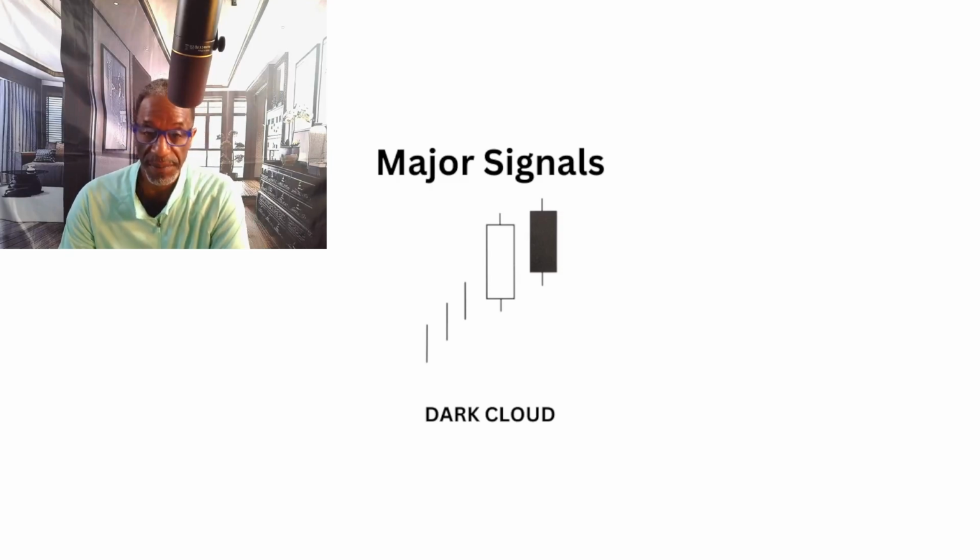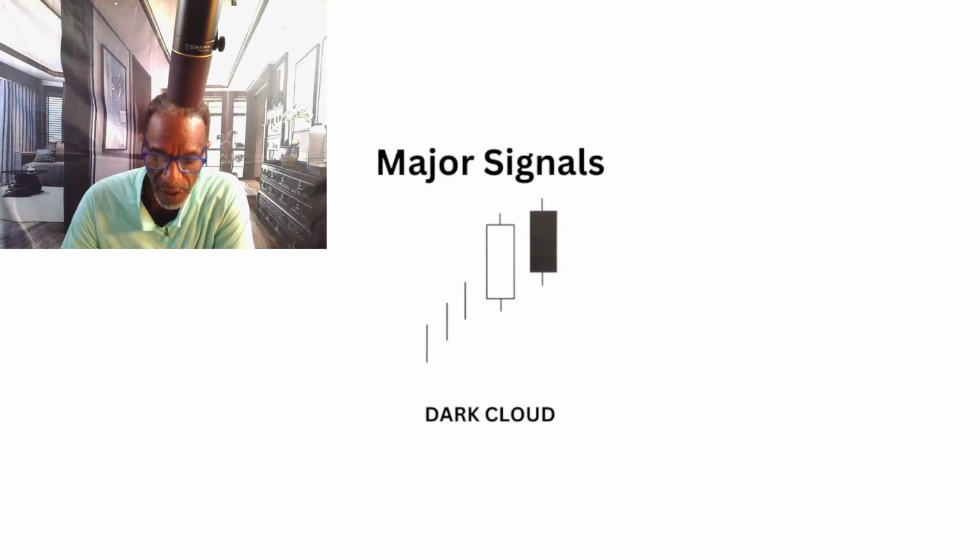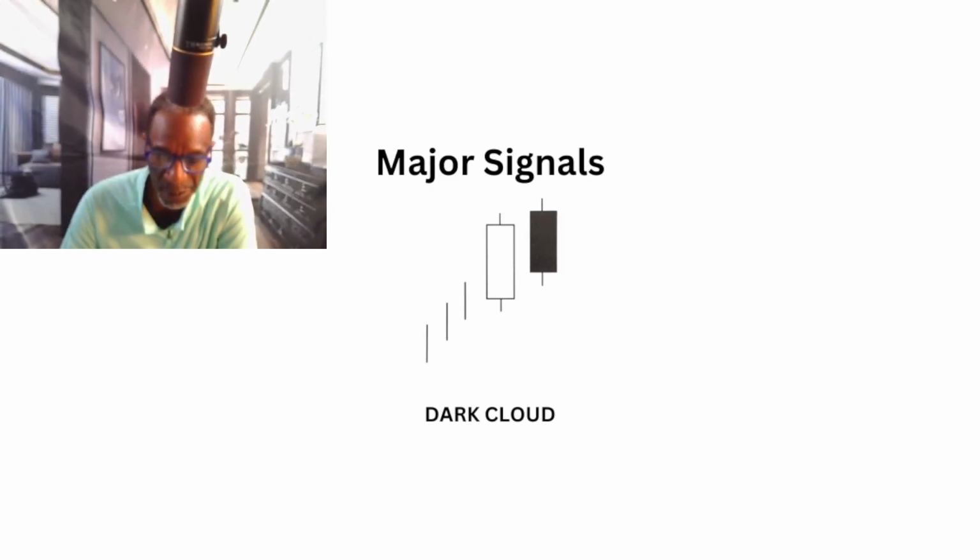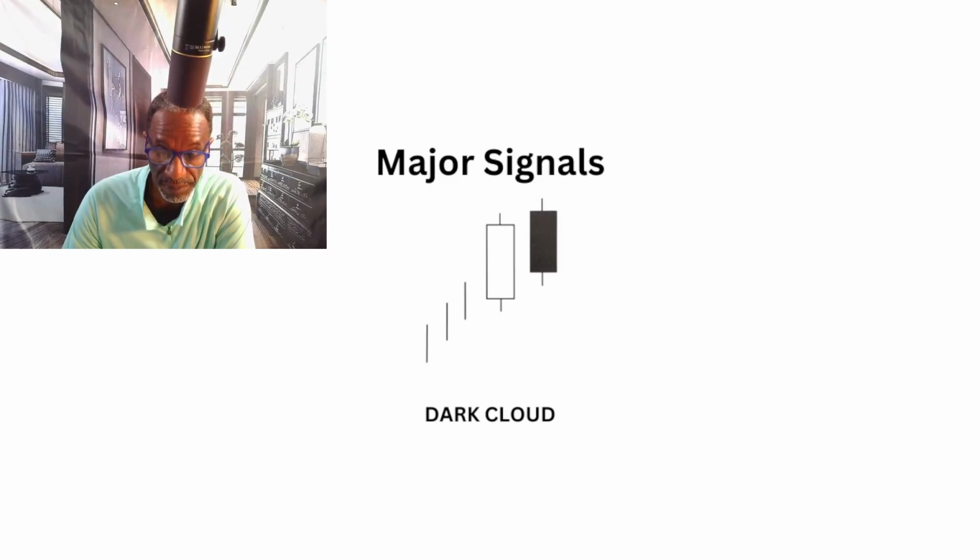Signal enhancements. The longer the white candle and the black candle, the more forceful the reversal. The higher the gap up from the previous day's close, the more pronounced the reversal. The lower the black candle closes into the white candle, the stronger the reversal. Large volume during these two trading days is a significant confirmation.